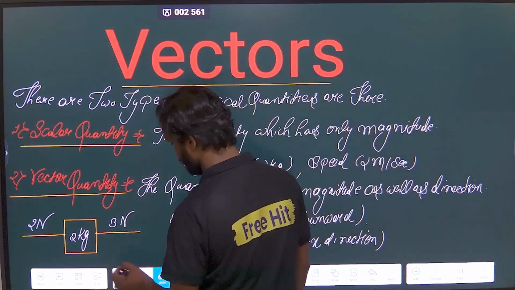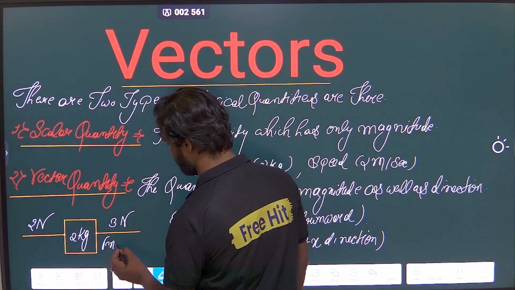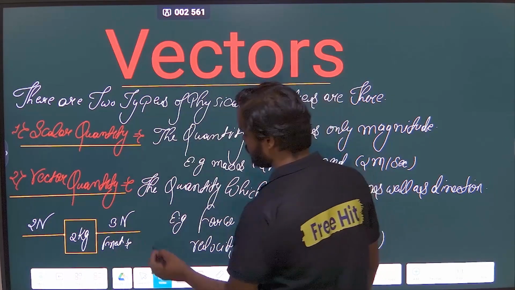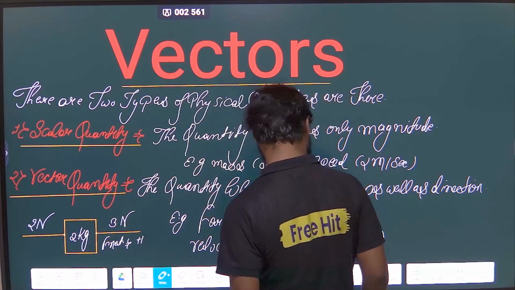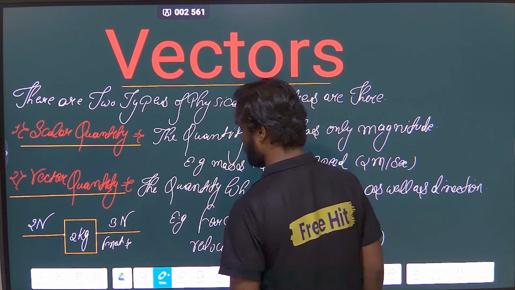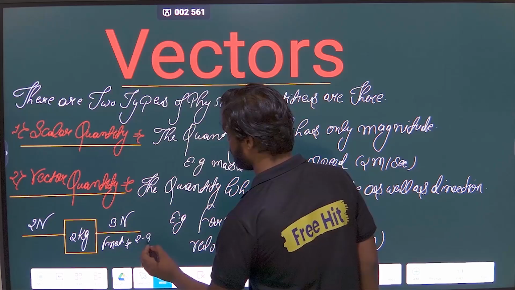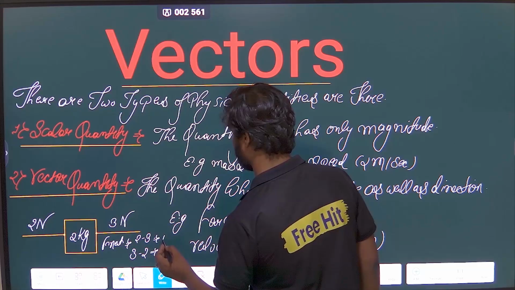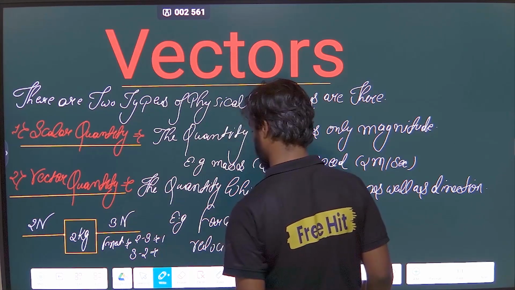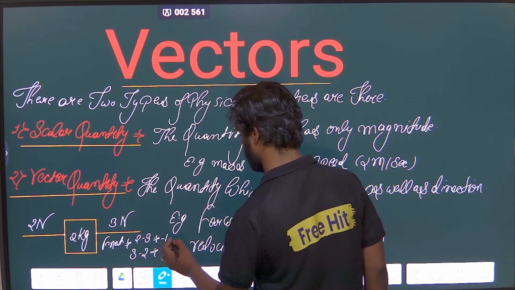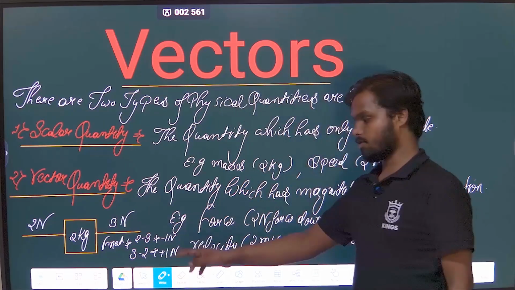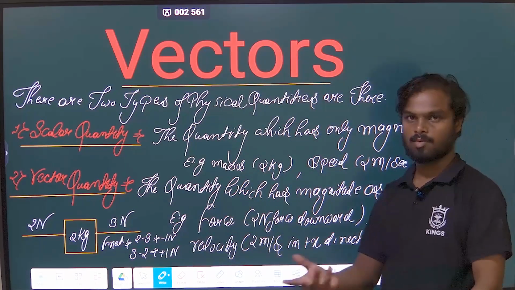Okay, what is the net force on this block? Can you tell me what is F net? Yes sir, the net force will be either plus 1 Newton or minus 1 Newton, both can be possible.